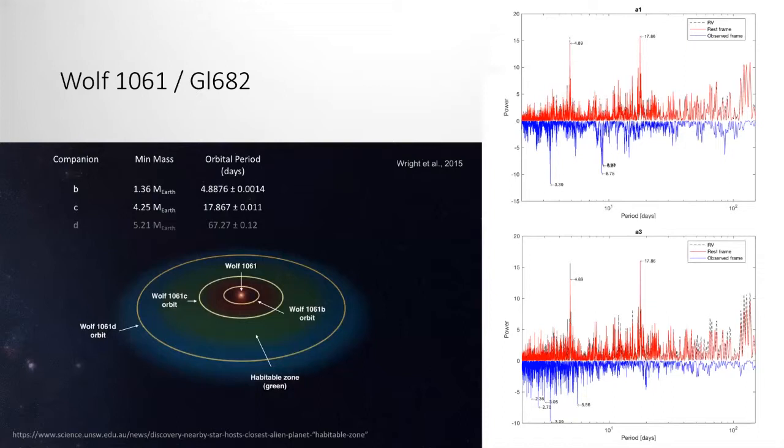That means these are planetary signals. This is quite matching with the literature values for planets B and C. Please come back to me about this planet D if you want to know more.